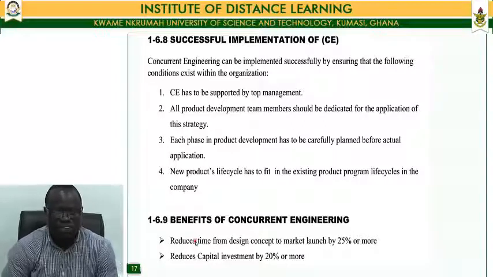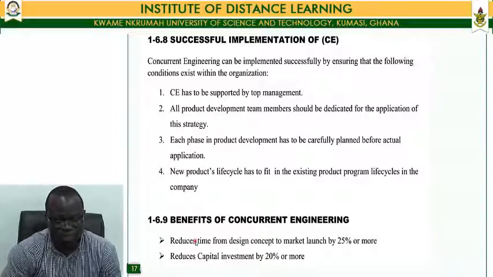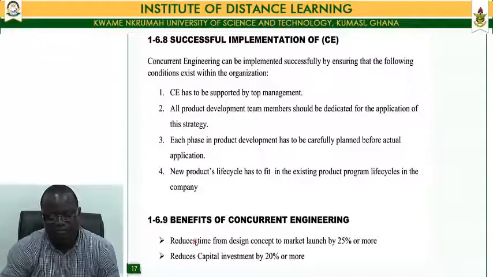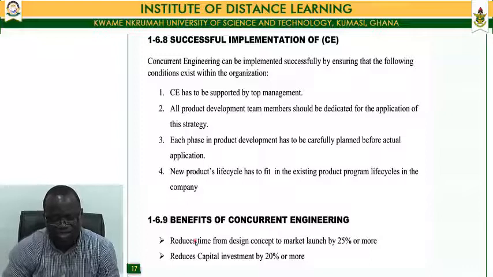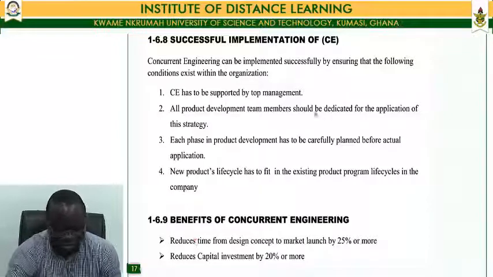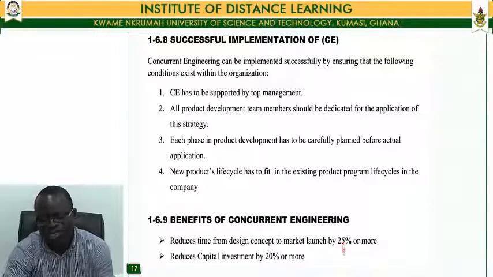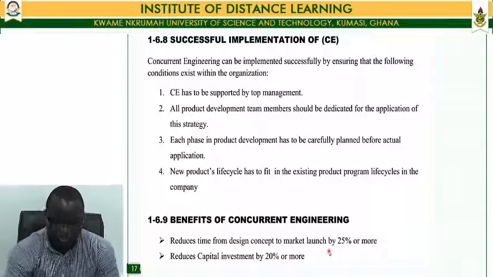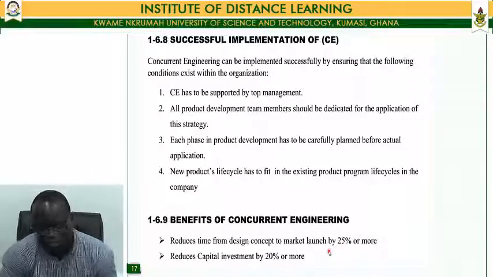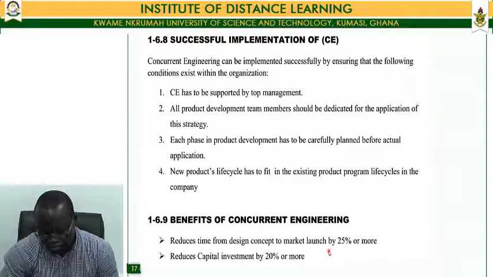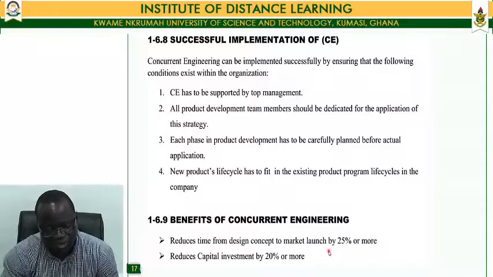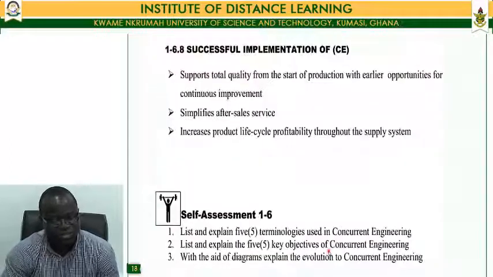So this gives you an opportunity to either reinvest more, or you can make some profits. Reducing time to market by a quarter is very important, because that strategically puts the product in the market, and you are most likely to reap a lot of benefit in terms of profits.